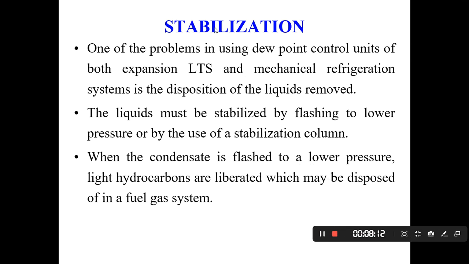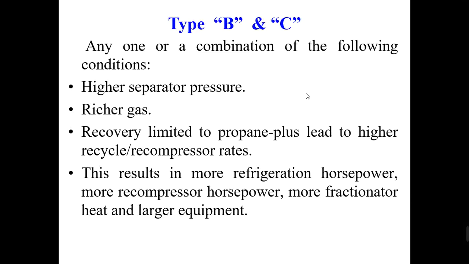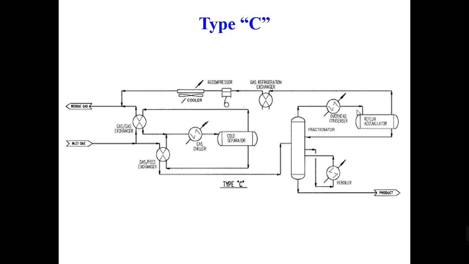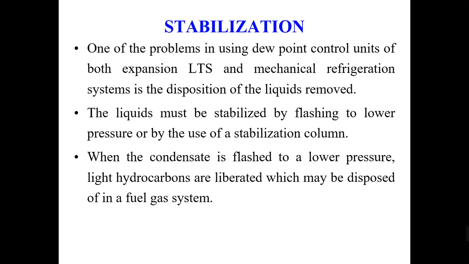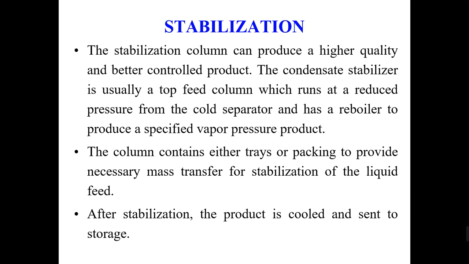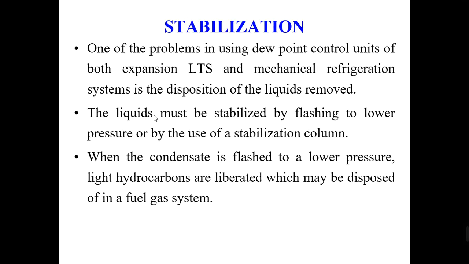When we talk about liquid recovery, in order to have good efficiency of removing the liquid, we need a stabilization system, whether you are using the JT based LTS system or the mechanical refrigeration that we talked about. The stabilization tower like this one is very good, because we reduce the pressure, and after some time all the gas will come out and the liquid will be separated from it.